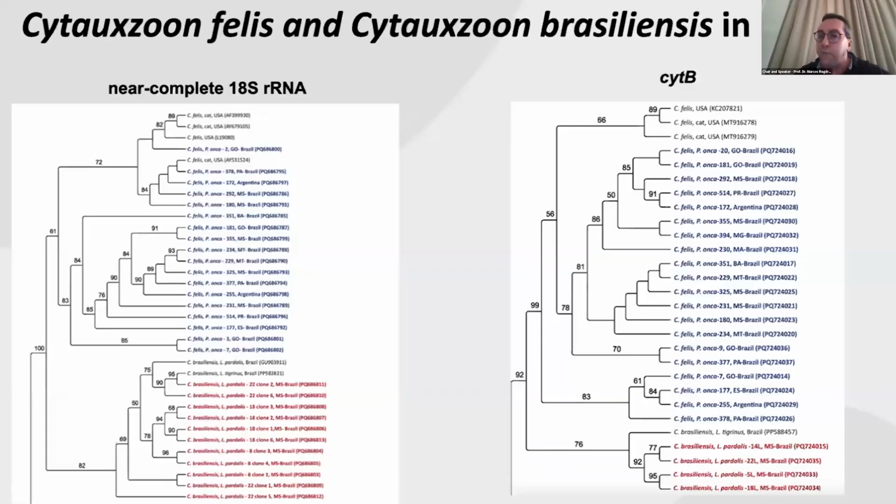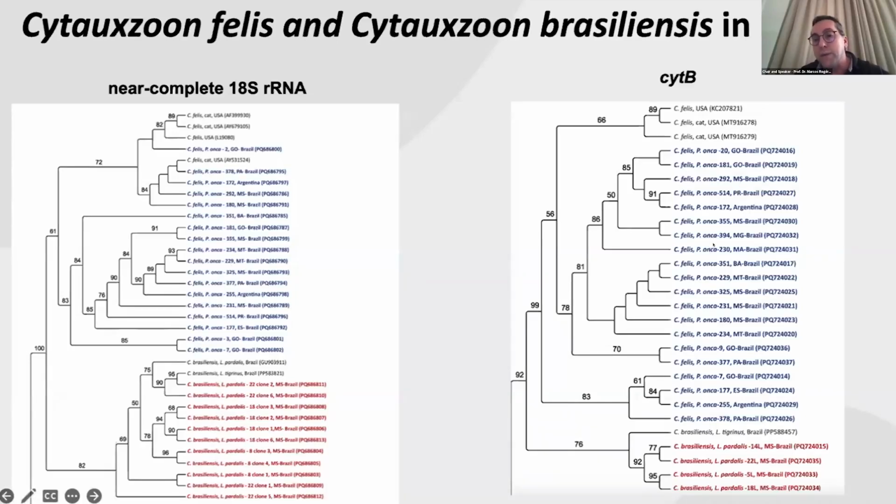So so far in Brazil, we have to say that we have at least 2 Cytauxzoon species in wild felids from Brazil: Cytauxzoon felis and Cytauxzoon brasiliensis. This is the near complete 18S based phylogenetic tree.